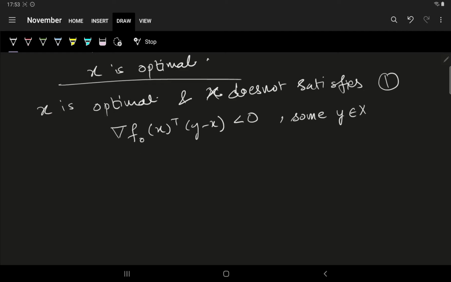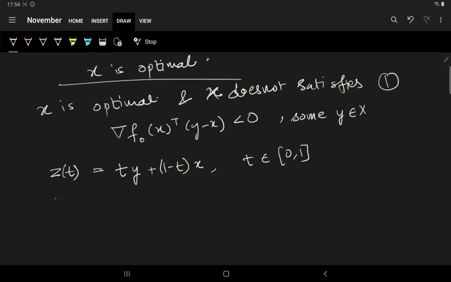Okay, and then we take z of t. So z is a point in the line segment joining y and x, and it is a parameterized point with a parameter t, where t varies between 0 and 1.